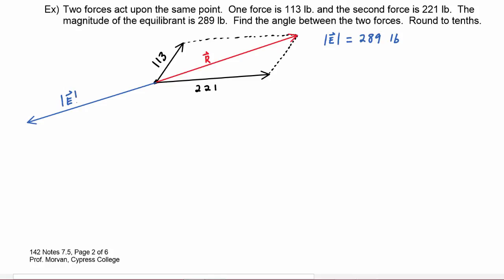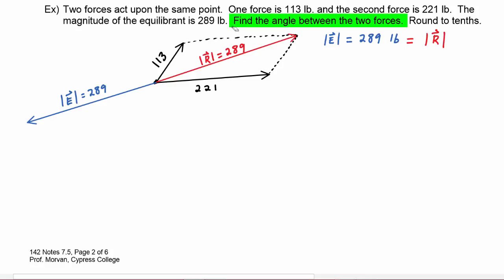We know its magnitude is 289. Because the equilibrant and the resultant are opposite vectors, their magnitudes are the same, they just go in opposite directions. So 289 is also going to have to be the magnitude of the resultant, and we can add that into our picture.